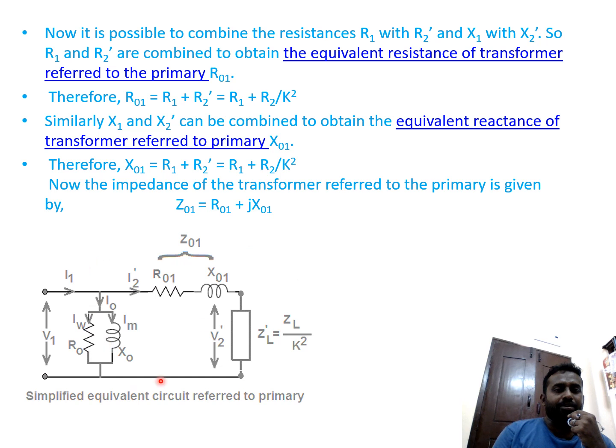Therefore this will be the circuit with R01 and X01, where R01 is equal to R1 plus R2 dash, and X01 is equal to X1 plus X2 dash. So the total impedance will be Z01, which is a combination of R01 and X01. So this is the simplified or approximate equivalent circuit of the transformer.